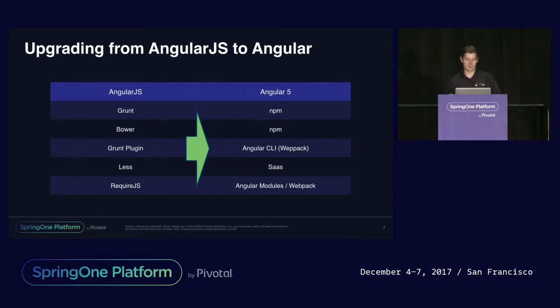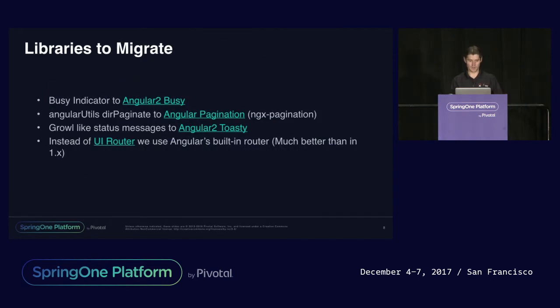And because of Bootstrap, everything these days seems to move over to Sass, so Less CSS support works over to Sass, and for RequireJS you can use the Angular modules and Webpack. That's the transition.